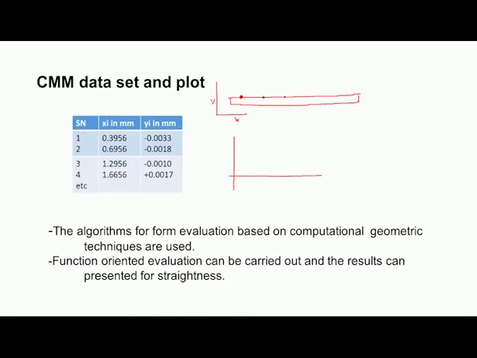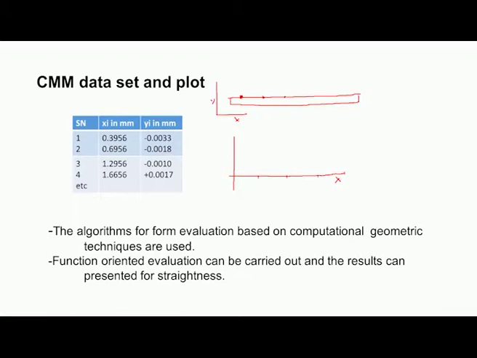So, in this case you can see this is point x values 0.39, approximately 0.4, and then 0.69, okay, this is 0.8 and this is 1.2 and this is 1.6 millimeter.